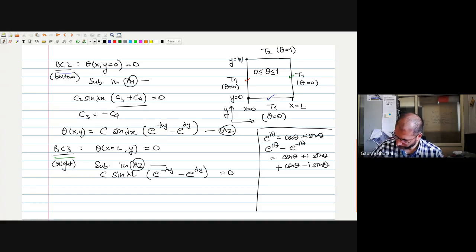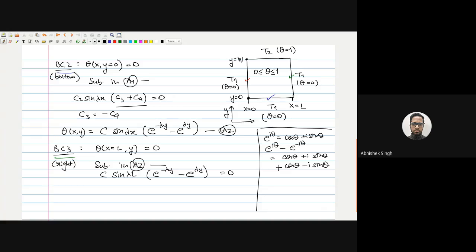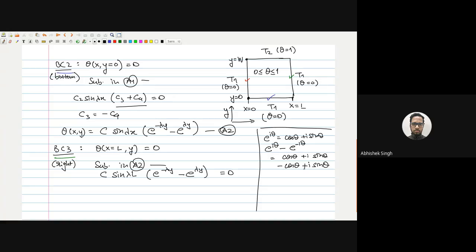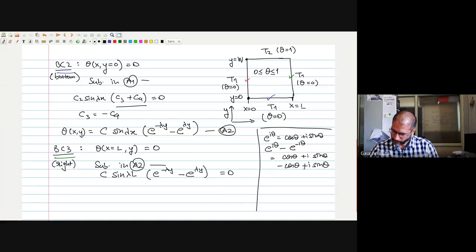Is that right? Can somebody please check? No, sir. It should be cos minus cos theta and plus, because cos of minus theta is equal to cos theta. So e to the power of minus i theta is cos of minus theta, which is cos theta, and sine of minus theta is minus sine theta, right?